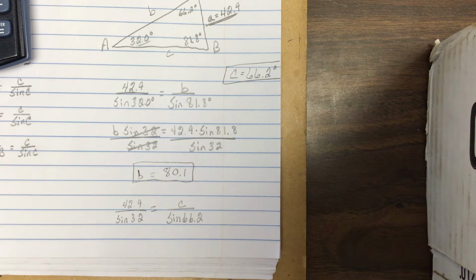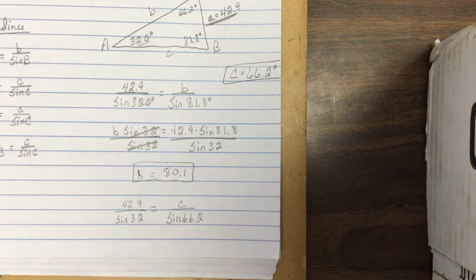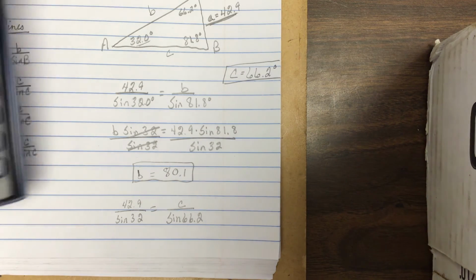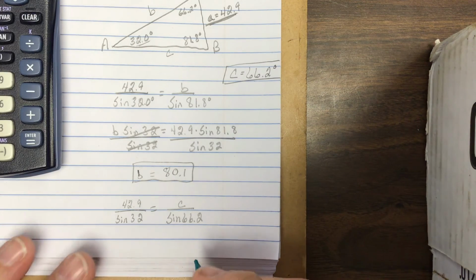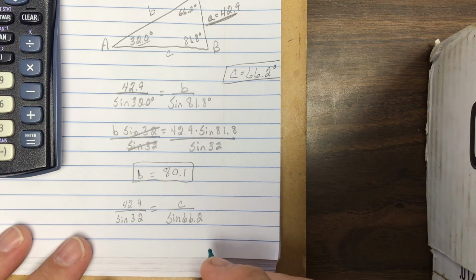Now, I'm not going to show my work on this because I'm running out of room, but anyway, it's going to be 42.9 times the sine of 66.2, and then I'm going to divide that by the sine of 32. And I get side c is 74.1.